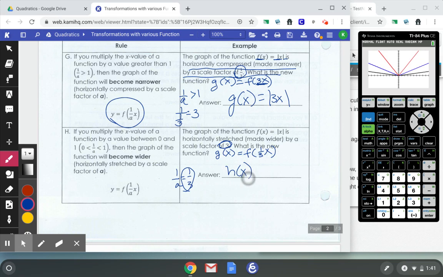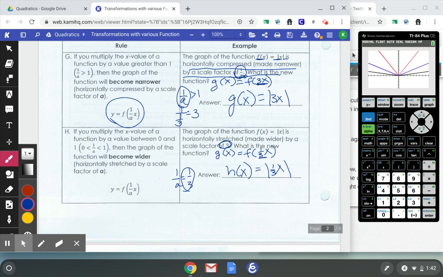I can call that function g of x equals, and now f of x was the absolute value of x, but now I'm finding f of 1/3 x, so the absolute value of 1/3 x.